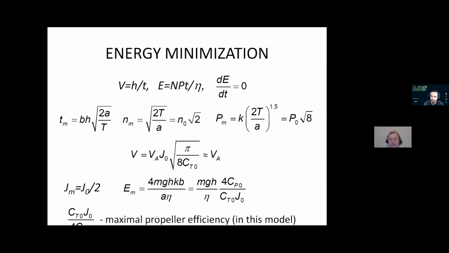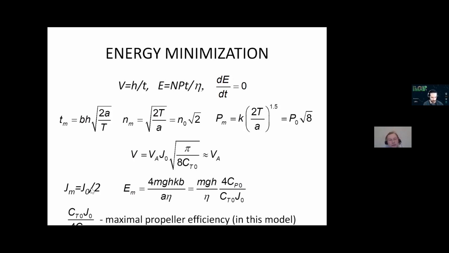It's a very simple formula, but it corresponds to the value of J that is about a half of J sub 0. But in reality, the optimal J that corresponds to the maximal propeller efficiency is about 60 or 65% of J sub 0.